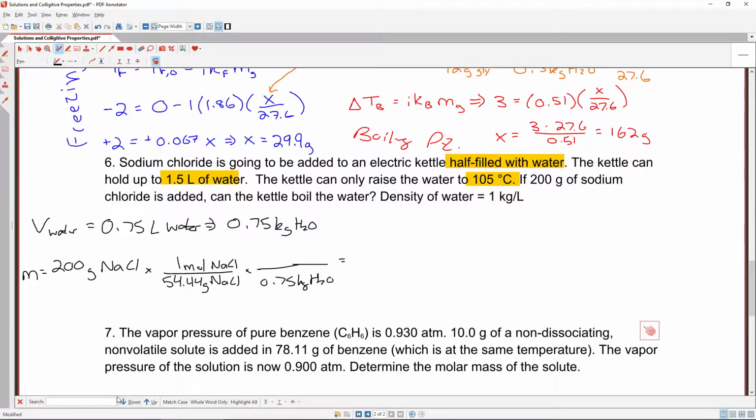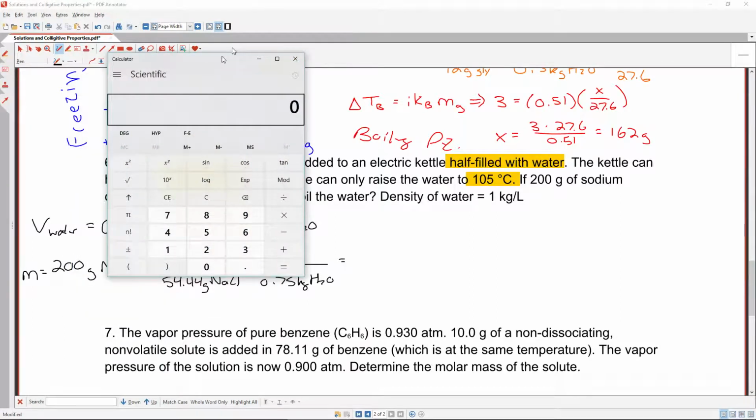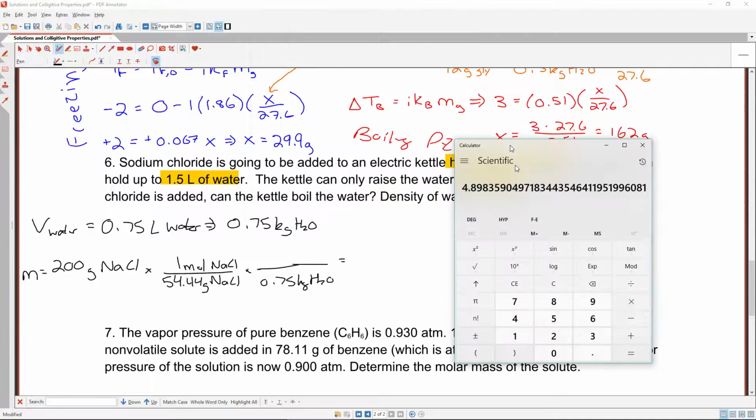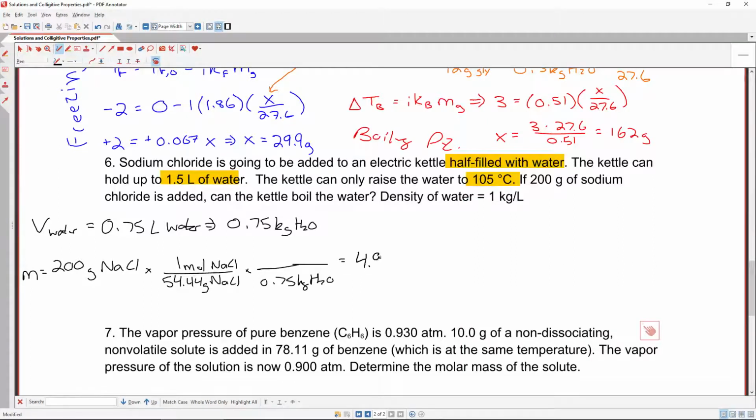And let's do that real quick. 200 divided by 54.44 equals. Divide that again by 0.75 equals. Right, so our molality is 4.9. And this is moles per kilogram.